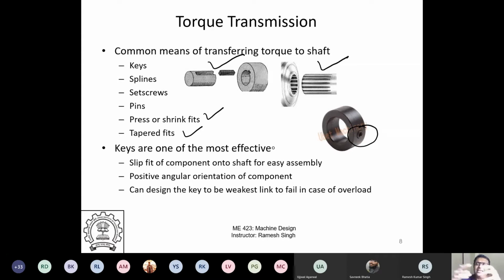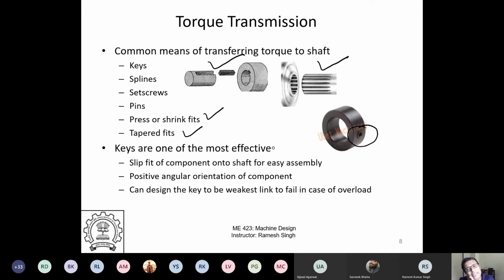Press fit is you have to apply some load, but shrink fit is even stronger than press fit. Press fit is just you can apply some load and do it. Yes, very good. The nominal dia, yes, both answers are very right. Nominal dia is less than the shaft, and you heat the sleeve or the bearing, whatever it is, and it cools and fits and shrinks.